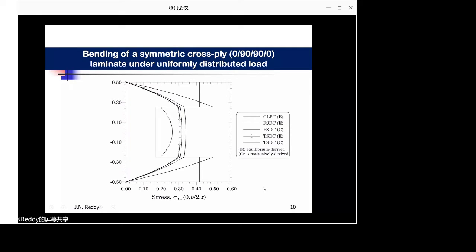Okay. Now I want to show sigma yz. You are listening to me, but you have to remember where these stresses are occurring. So imagine that you have layers of laminate. When you look at the interface of two layers, that is where the shear stresses sigma xz and yz are. And in fact, there is a sigma zz also.